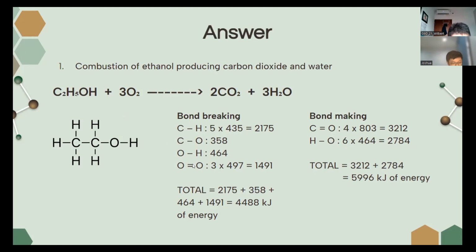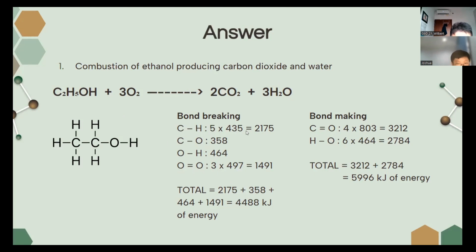For O=O it is 3, which I get from the 3 up here. 3 times 497, which is the O=O, equals 1491.